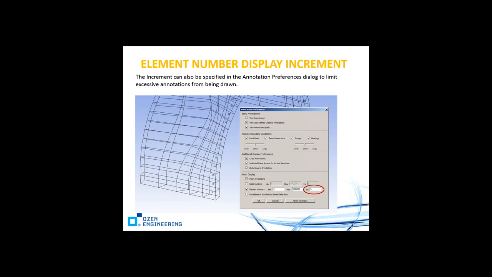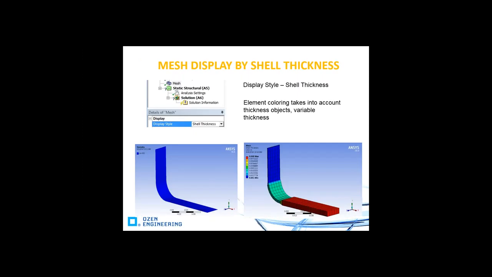You can also display the element numbers by a certain increment, if you don't want to see all of them. You can say, I want to look at element numbers from 5 through, say, 100 with increments of 5. Then we'll say, all right, this is element number 5, 10, 15, and you will be able to see that. Again, that's version 16.